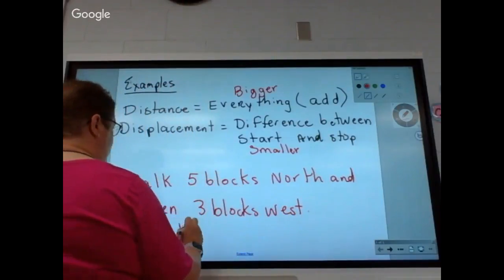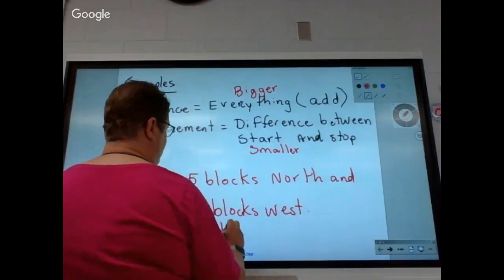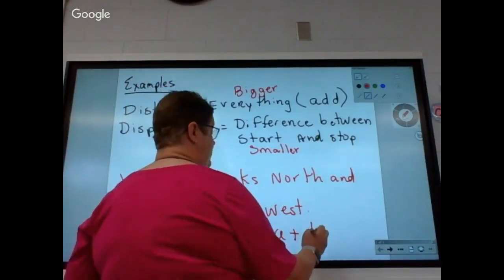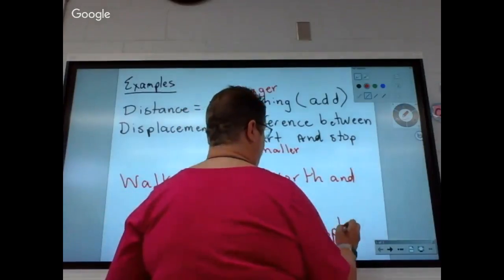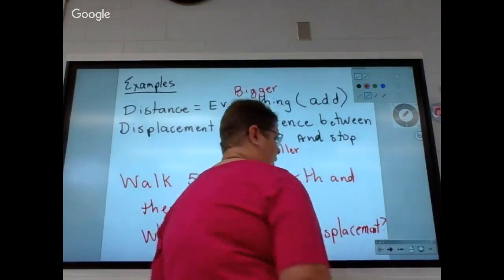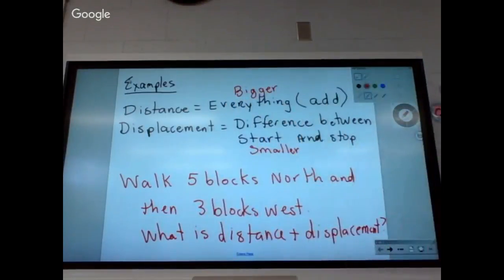What is distance and displacement? Okay? Now, we're going to walk 5 blocks north, 3 blocks west, and we want to know distance and displacement.